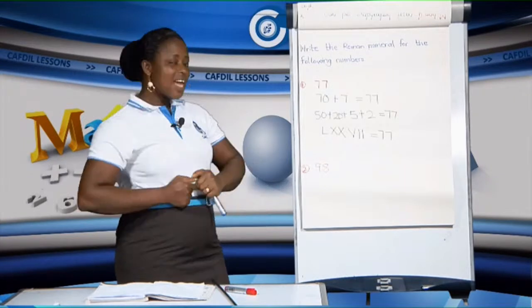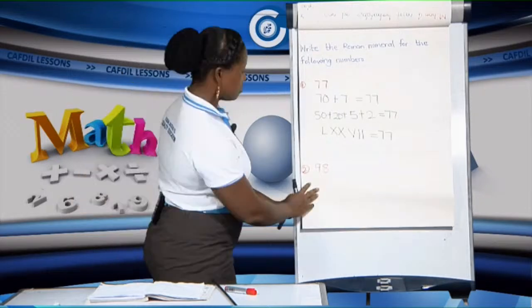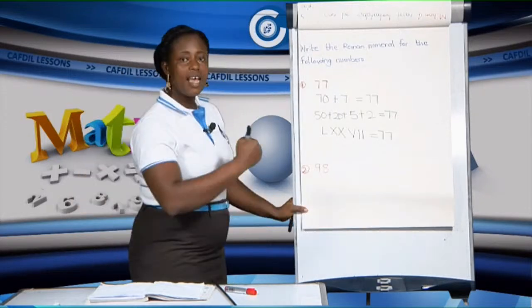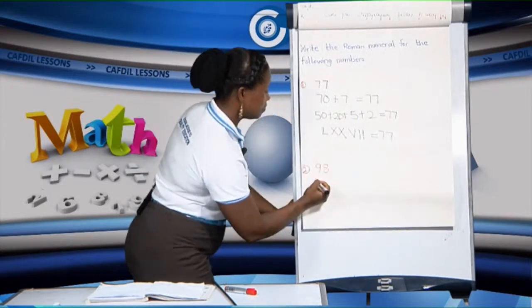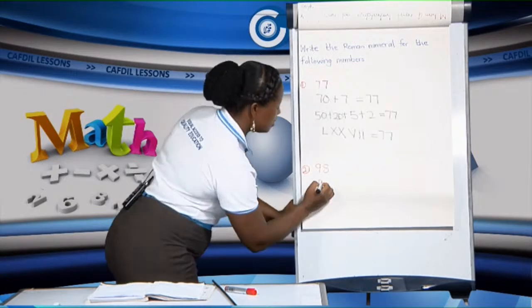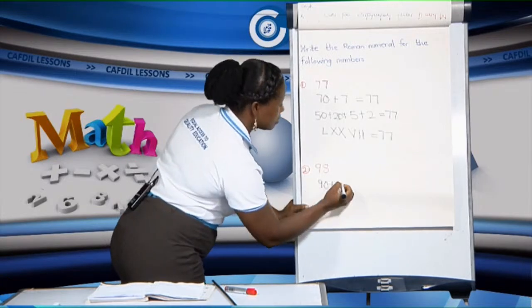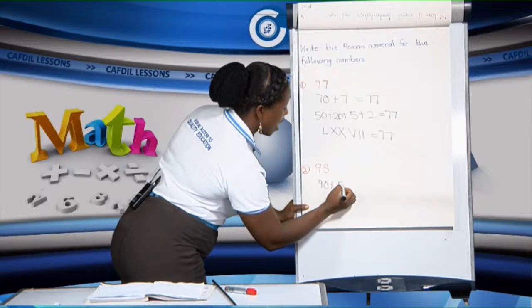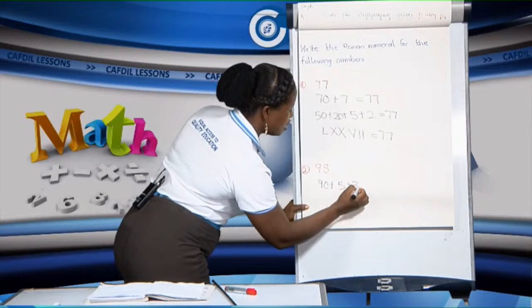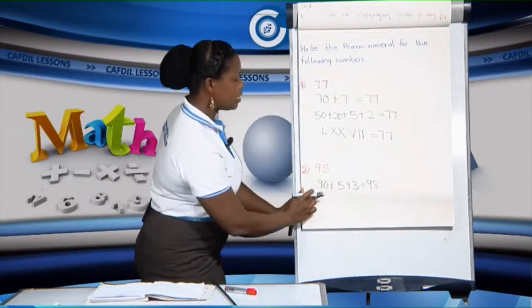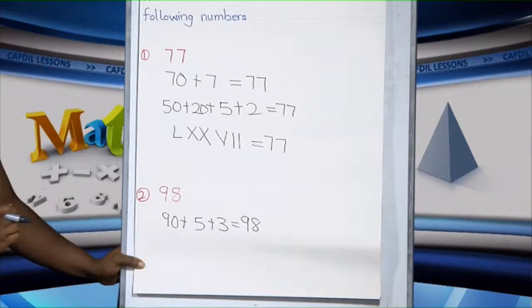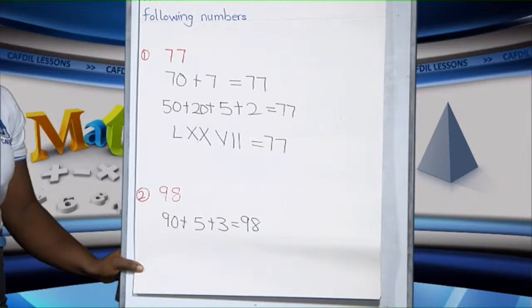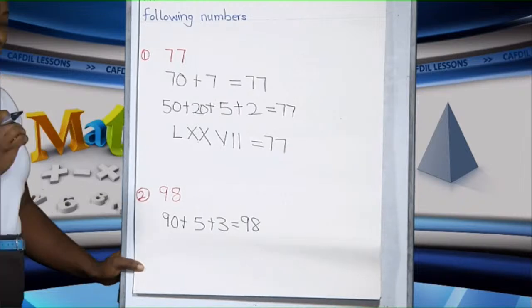Learners, let's do the last example. 98. Let's expand it. 98, we can have 90 plus 5 plus 3. It will give us 98. Let's check: 90 plus 5 is 95, plus 3 is 98. Let's look at something here. We know the symbol for 100.